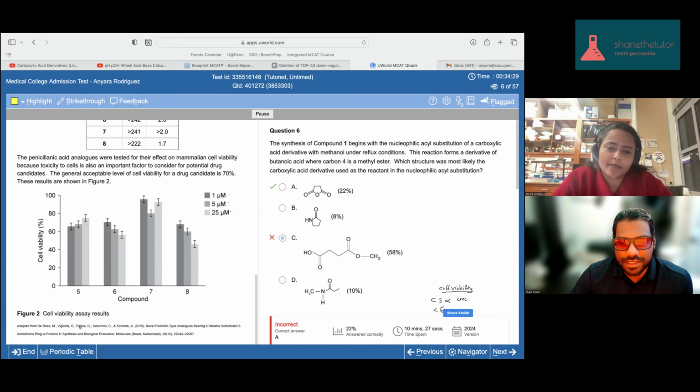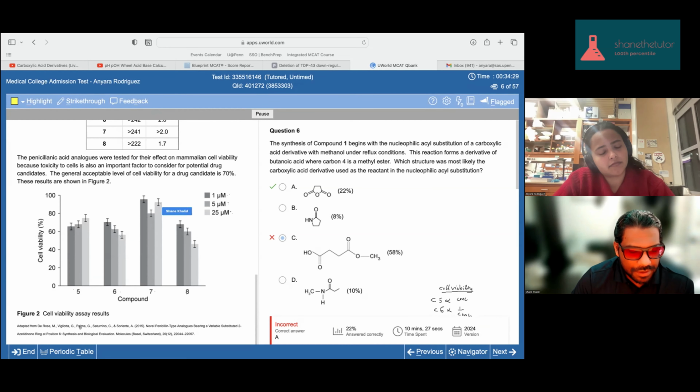All right, compound 6 is inversely proportional to concentration because cell viability goes down as you increase concentration, right? Then you have 7, which goes down and then goes back up. So that's kind of weird and hard for me to put into this proportionality, but I'll just leave it for now.